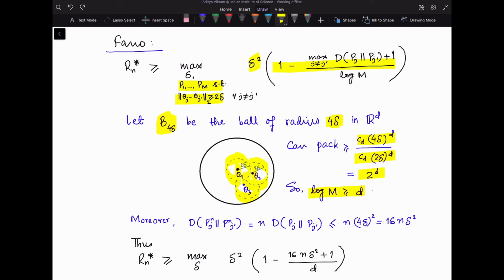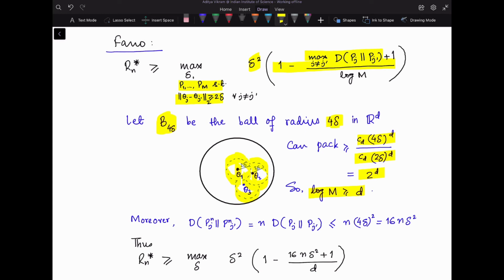So why consider this ball of radius 4 delta? The larger ball you take, the more smaller balls you can pack inside it, which will lead to larger m, more hypotheses, which means your lower bound is better. But the constraint to keep the ball small comes from the fact that the maximum KL divergence in Fano's bound between Pj and Pj dash should be small, if you want a good bound.